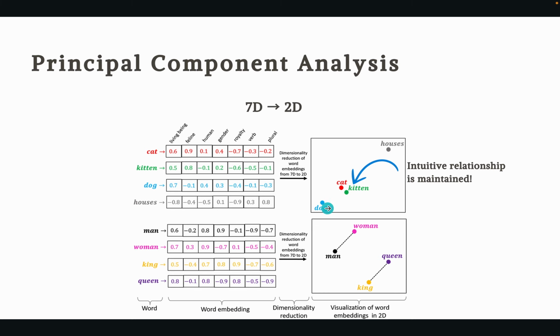But if dog is in the sentence, I don't know, like he dogged the boys, it will be in a completely different position in space. It will be a lot more similar to other words. And this is basically just a way to visualize what our model is doing and intuitively check that it is on the right track. It is trying to basically do what a human is trying to do.